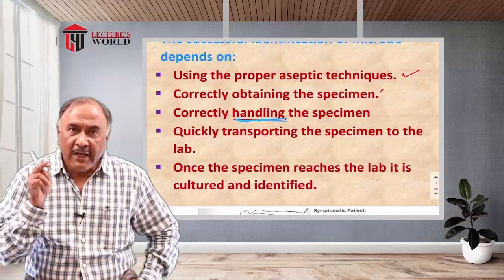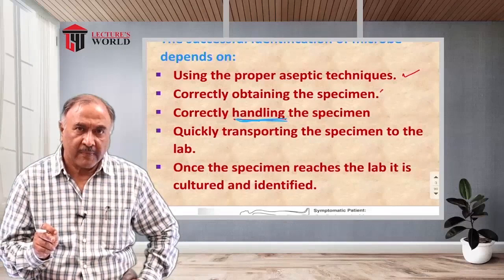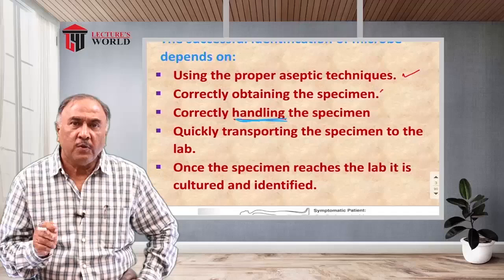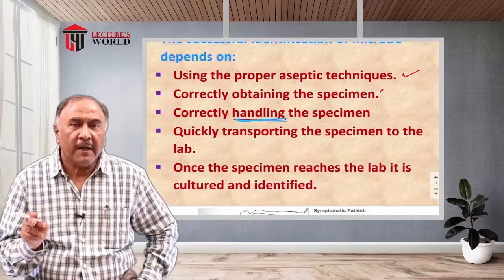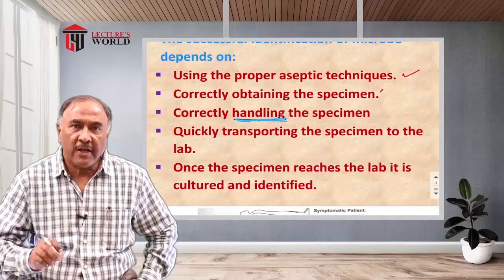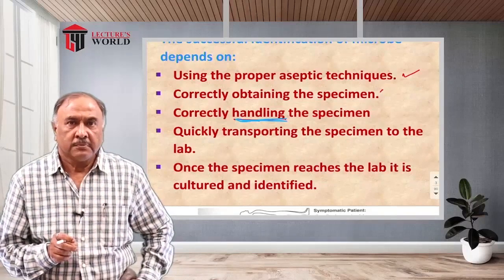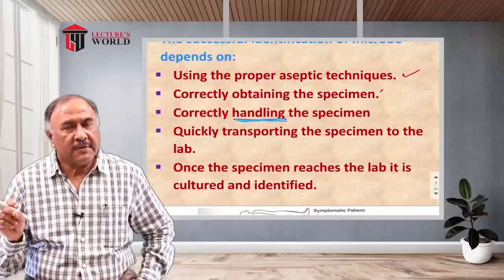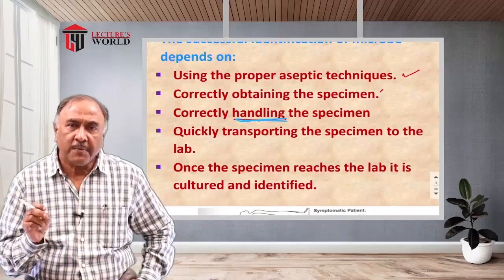It should be clean. It should be a clean container, and not only clean but has to be sterilized, because cleaning does not mean that a material is sterile. We want both the things.